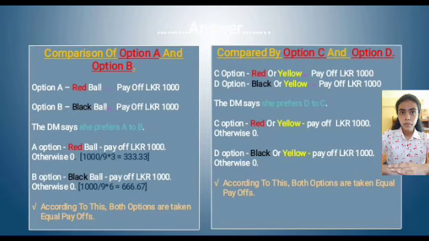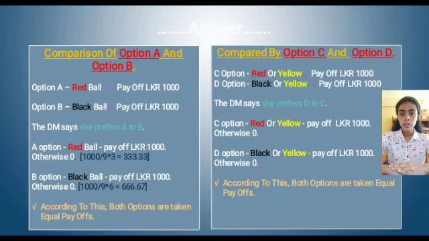Looking at the probability here, option A's expected value is 333.33 and option B's is 666.67. For example, option A: 1000 over 9 multiplied by 3 equals 333.33. Option B: 1000 over 9 multiplied by 6 equals 666.67.